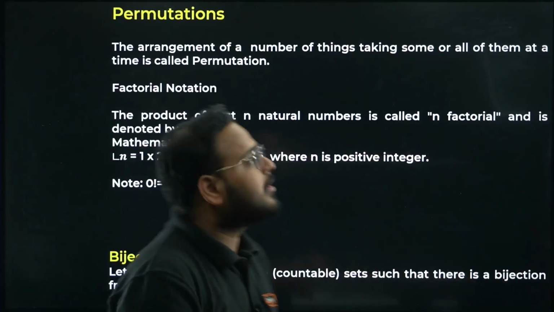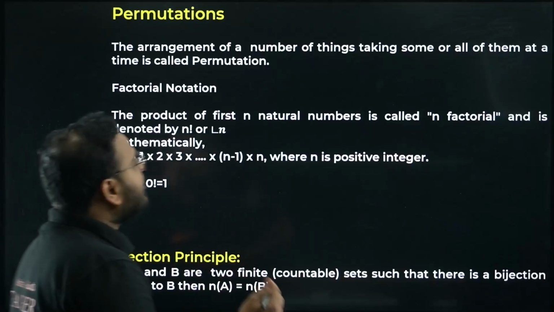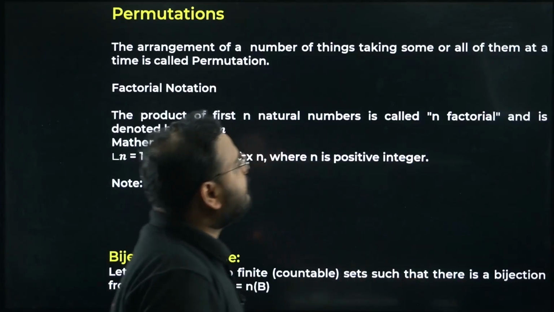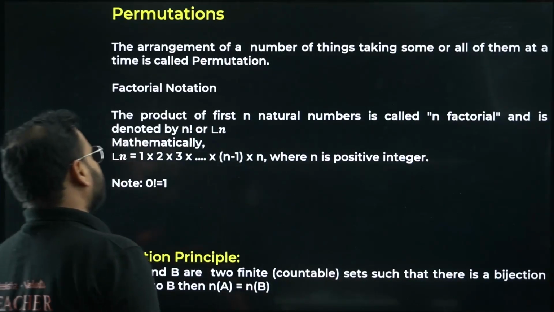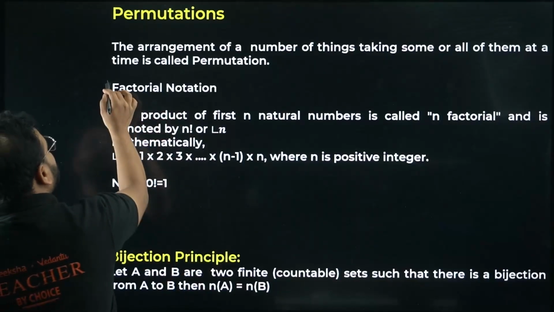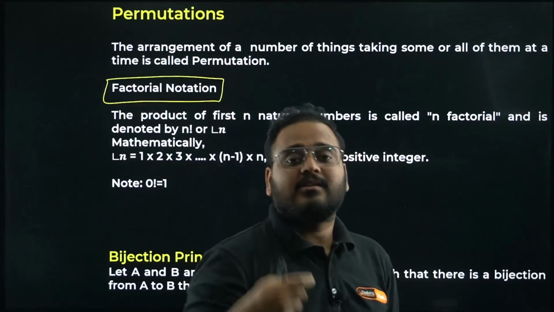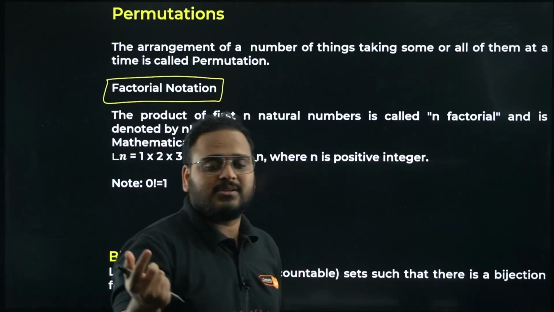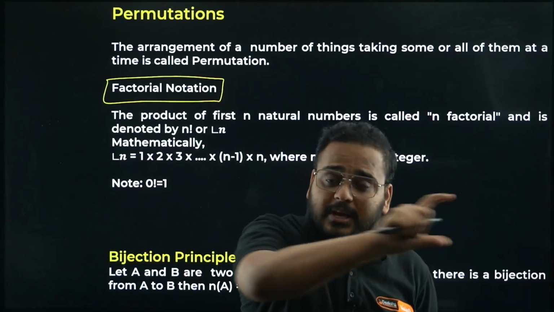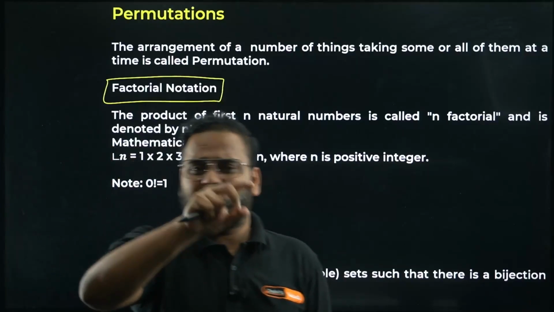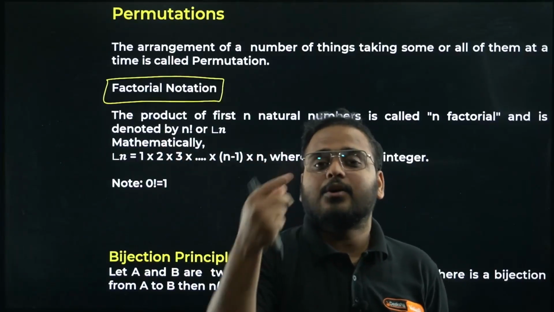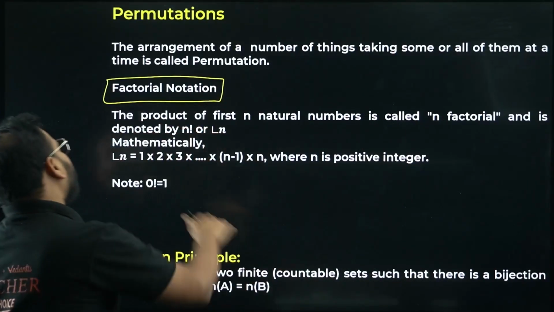Okay, let's have a look. Arrangements of a number of things taking some or all of them at a time is called permutation. Now, to help us solve a lot of questions, we use factorial notation, because they are such big numbers. It is difficult to represent a multiplication like 7 into 8 into 9 in a simplified manner, so you use the factorial notation.